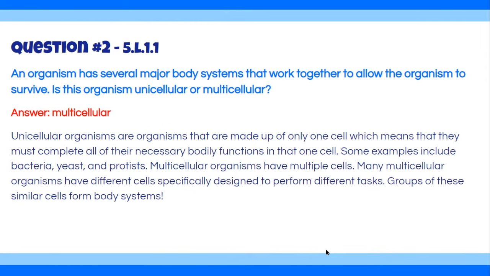Unicellular organisms are organisms that are made up of only one cell, which means that they have to complete all their necessary bodily functions in that one cell. Some examples include bacteria, yeast, and protists. However, multicellular organisms have multiple different cells. Many multicellular organisms have different cells specifically designed to perform different tasks. Groups of these similar cells form body systems.